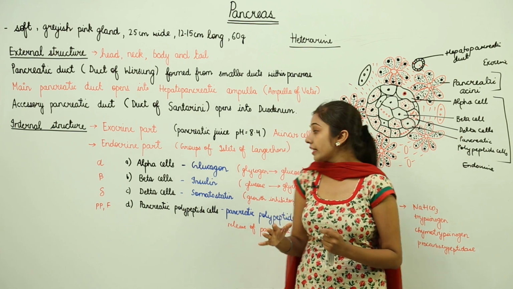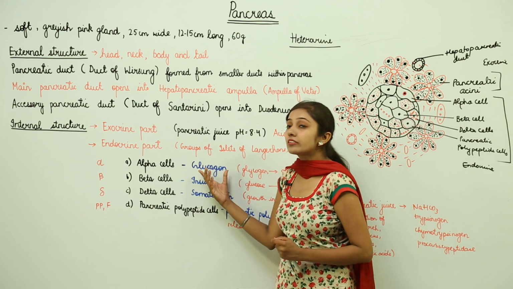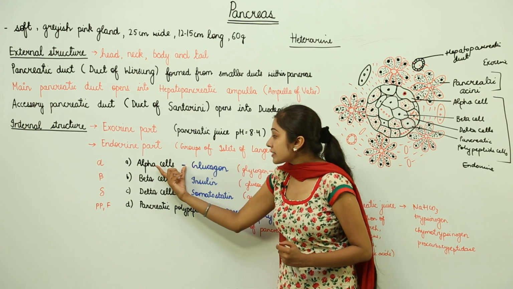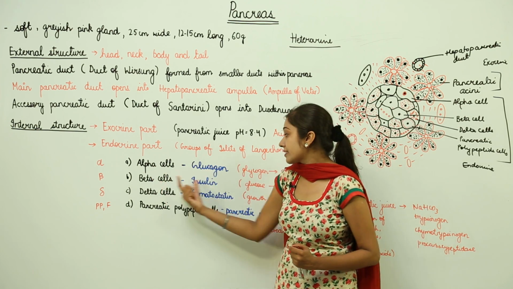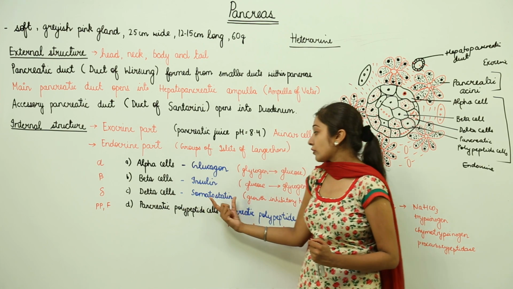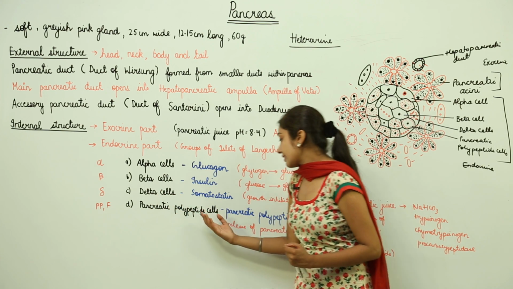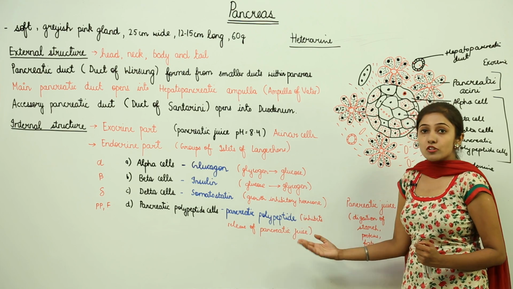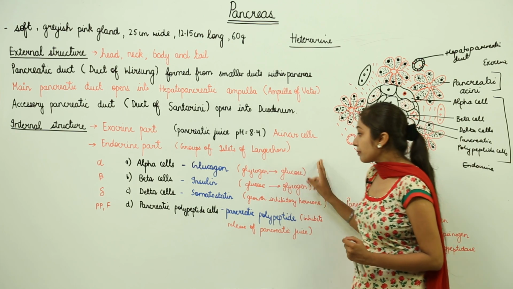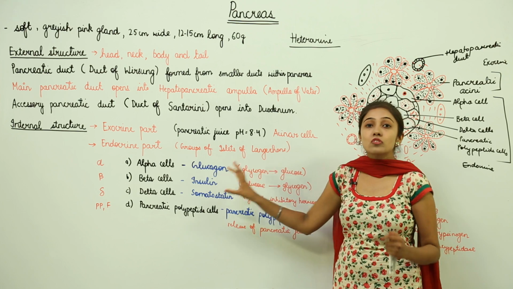What is important here is to understand which hormone is released by which type of cell. Alpha cells release glucagon, beta cells release insulin, delta cells release somatostatin, and the pancreatic polypeptide cells release pancreatic polypeptide. So just remember the names and the functions these hormones perform.